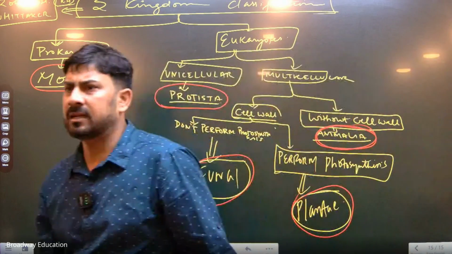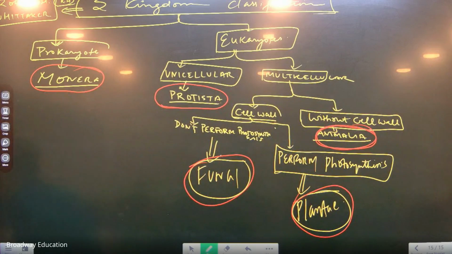This flowchart is clear? Yes or no? So they may ask you some examples or their characteristics with respect to this, and you have to mug those up.